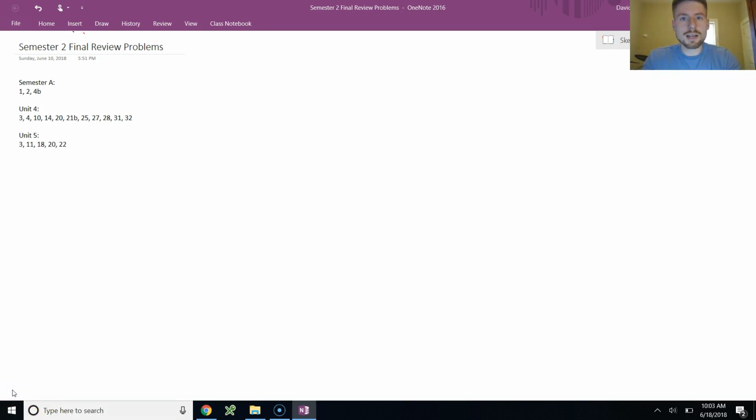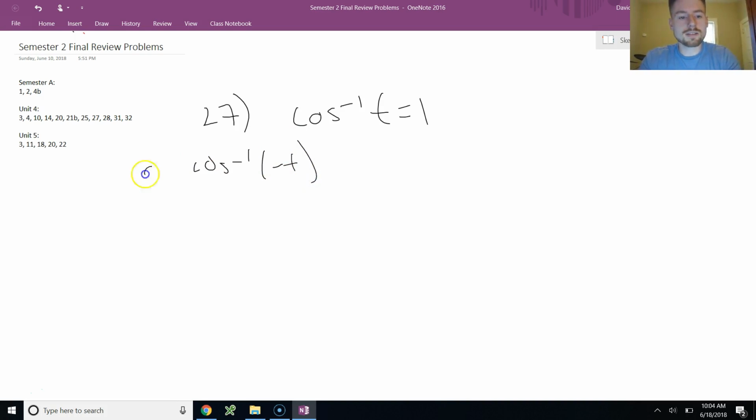Okay, next we're going to look at 27, where t is a number where cos inverse of t equals 1, and you want to find cos inverse of negative t. And you also want to find sine inverse of t.